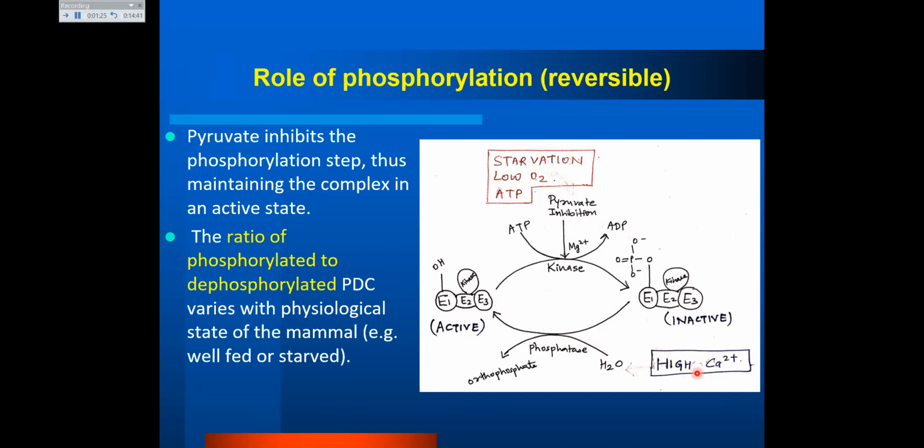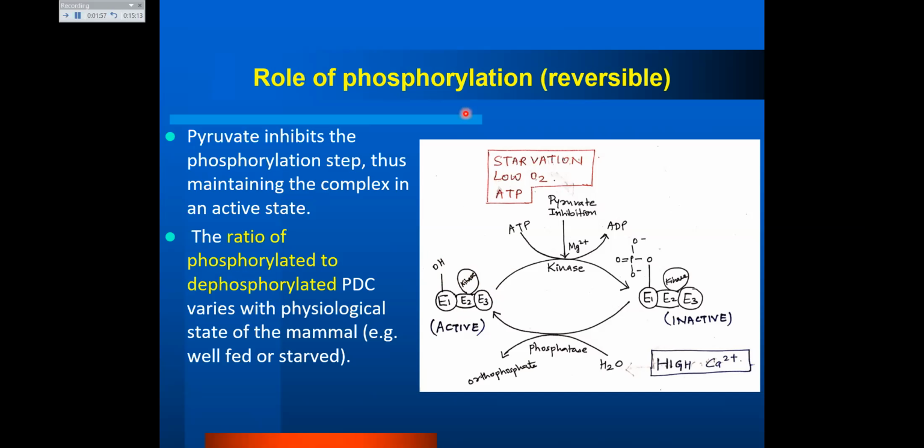For instance, under high levels of calcium, the reaction proceeds in this direction, where the inactive form is converted into the active form by the action of phosphatase, whereas under conditions of starvation, stress, low oxygen or higher ATP, the phosphorylation step is inhibited so that the enzyme remains active.